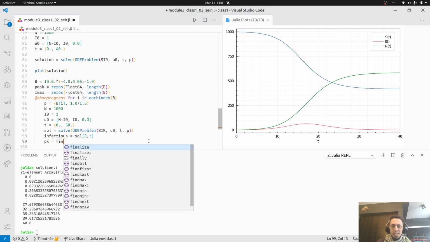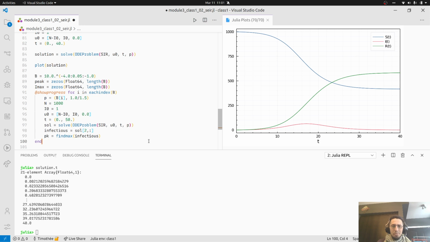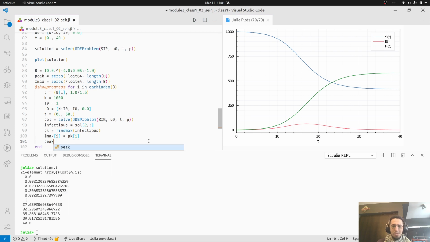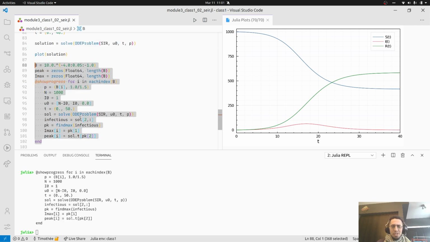The peak is the maximum number of infectious. What we want to put in Imax at position i is the first value in the peak. What we want to put in the peak time is sol.t of the last value of the peak. Let's run this little simulation.